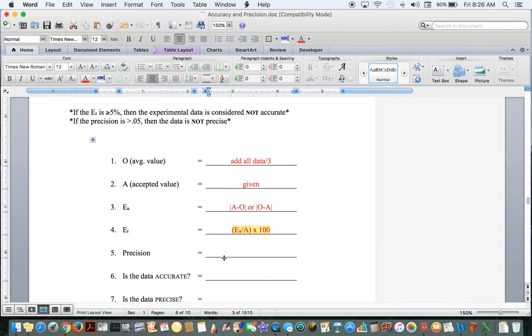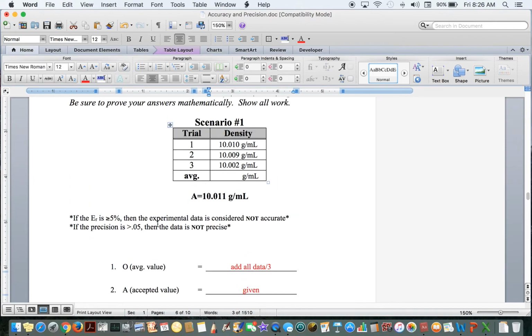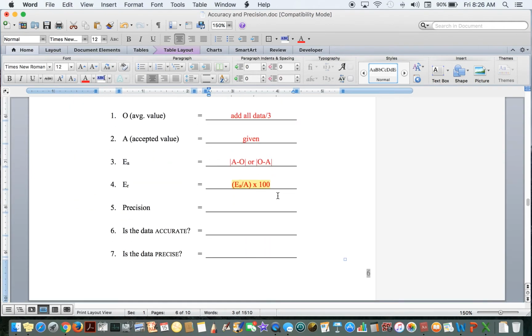The precision is a little different. Precision is going to take your observed value, which is an average value, and you are going to subtract whichever piece of data is furthest from that average or observed value.